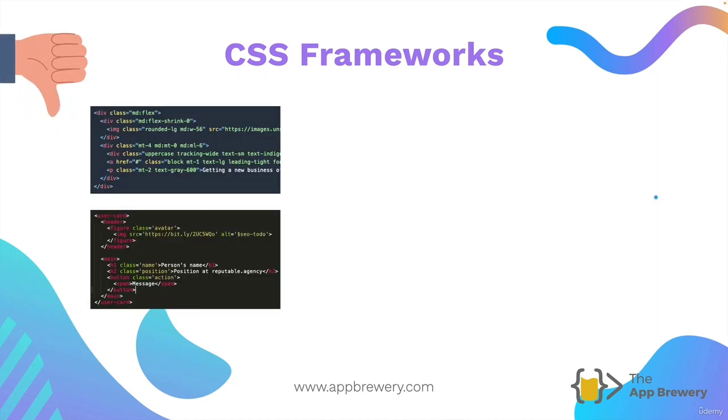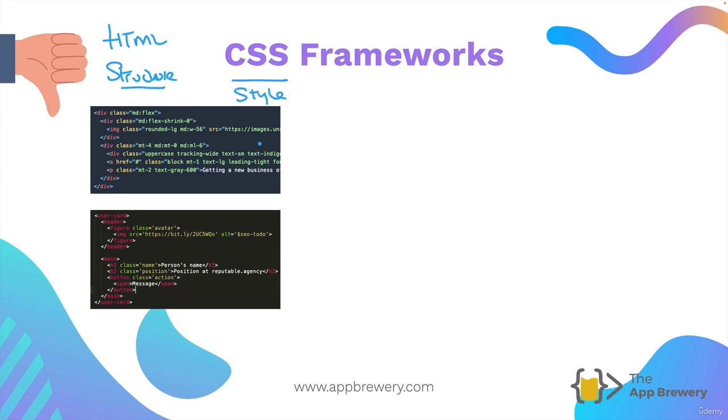Well, one of the biggest downsides is something called class bloat. Remember previously we mentioned that it's a really good idea to separate structure from style, where we said that HTML is for structure, so adding in elements that describe what the purpose is, and CSS is for style.